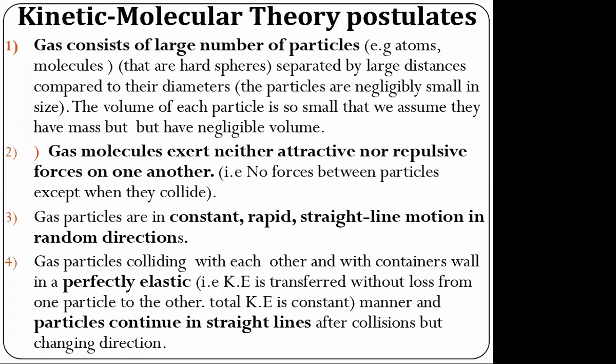But the assumption in kinetic theory is that that is not occurring when gaseous particles collide with each other or with the wall. So that means that the kinetic energy after bouncing back is the same as the kinetic energy with which they hit each other or hit the wall.